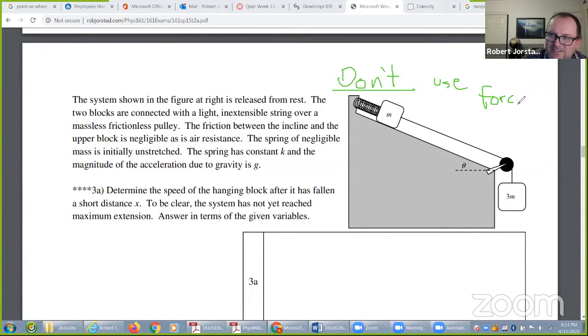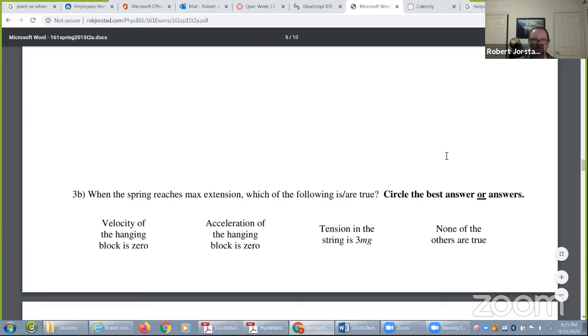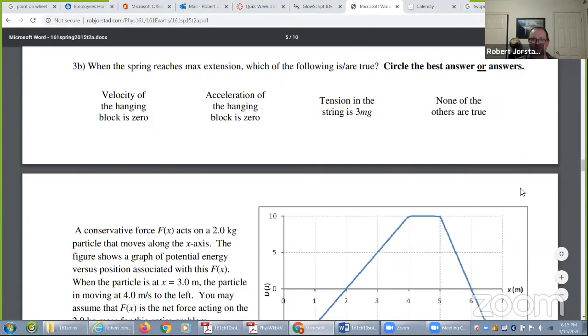If the spring changes length, the spring force is changing. It's a variable, right? If you stretch a spring a little, that's a lot different than if you stretch a spring a lot. Because the force is not constant for a spring, you could use forces, but it would be very hard and it's not recommended. Most students get it wrong. All right, hopefully that addresses that one. Okay, that's just a fact. See if you remember that fact.